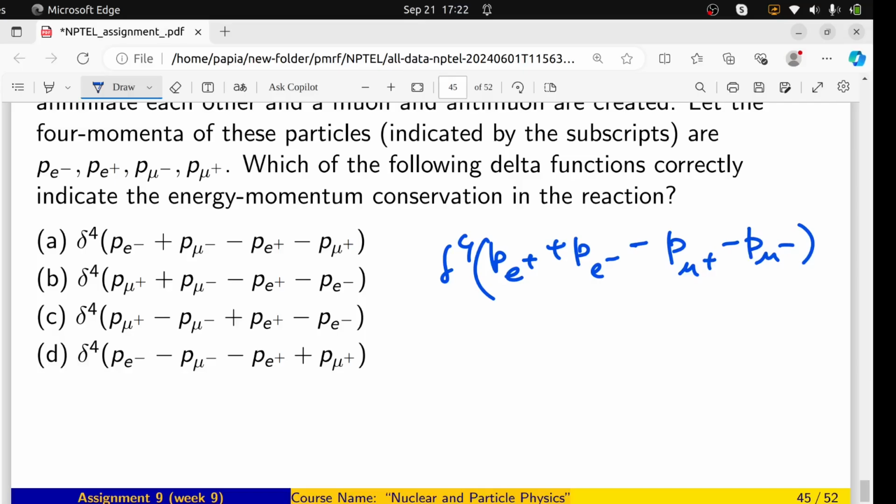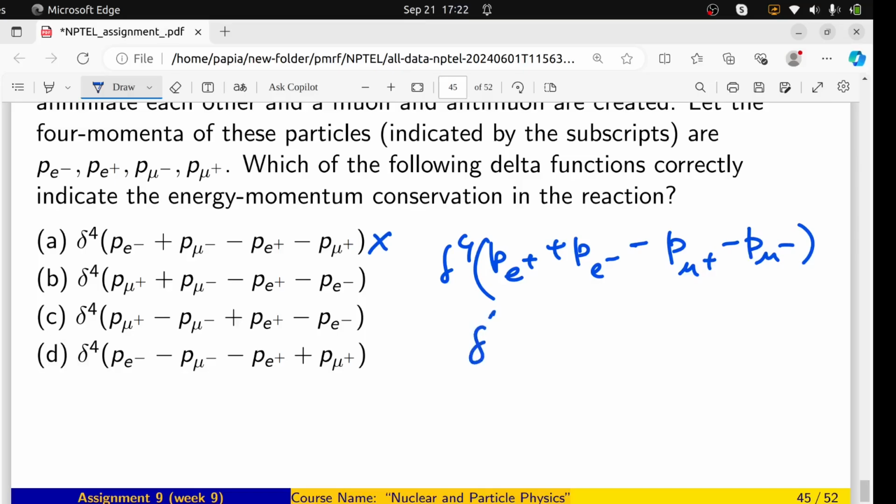Now in option A, you can see P e minus is there, P e plus is there, but with a different sign. So that will not give the correct delta function for energy momentum conservation of the e plus e minus into mu plus mu minus reaction.